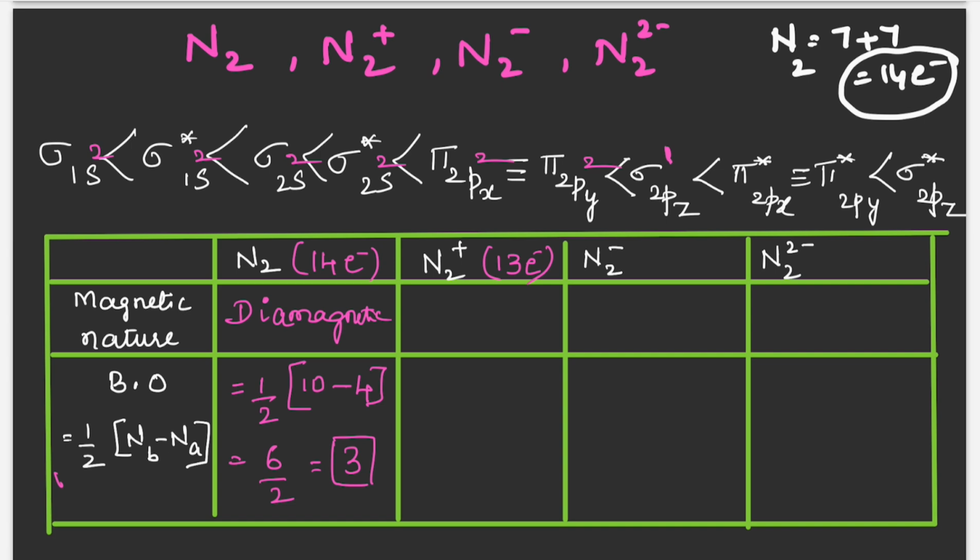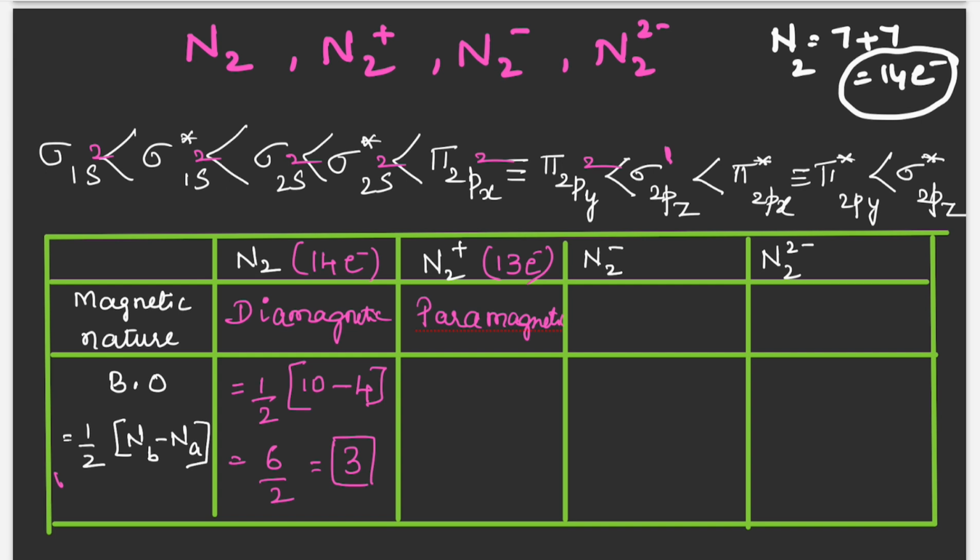Now students, whether it is diamagnetic or paramagnetic in nature: if an unpaired electron is present, it is paramagnetic in nature. Therefore we can write N2 plus as paramagnetic in nature.